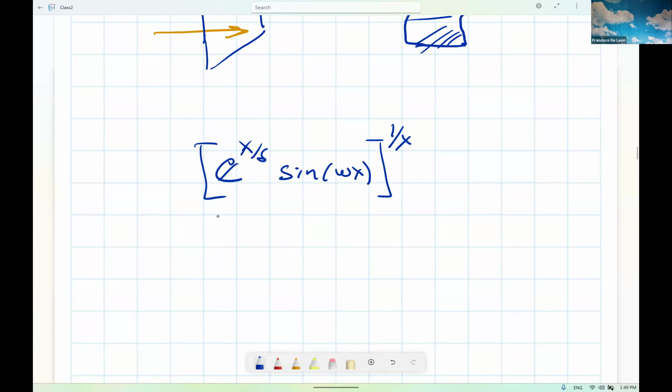And if you want more complicated, I can add 3x, right? I can take the derivative of this, no problem. If somebody tells me to take the derivative with respect to x of that, it's going to take a few pages, but I can do it. Can you take the integral of that? No. You need to immediately switch to a numerical method.